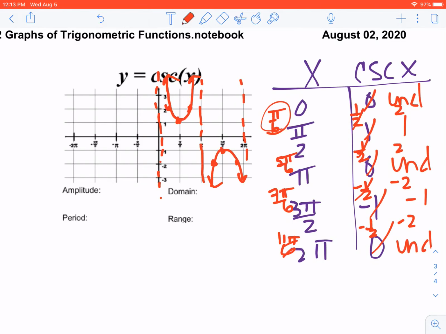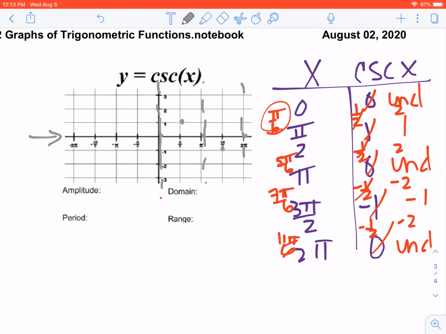Here is a second way that you can go about it. Now that you understand that you're going to get this U shape for the cosecant, what some kids do is, I'll do it in gray, think of that kind of like a pencil, they go ahead and plot the sine curve. And some kids don't even connect them, they just leave the points. And what you have to realize is that your midline, those are your 0 values, that's where you get your asymptotes.